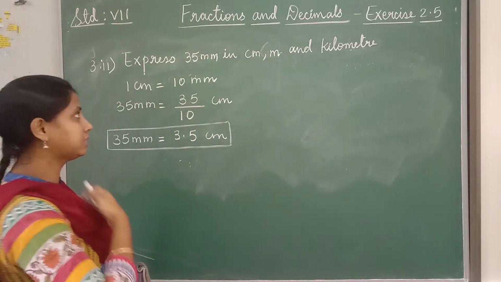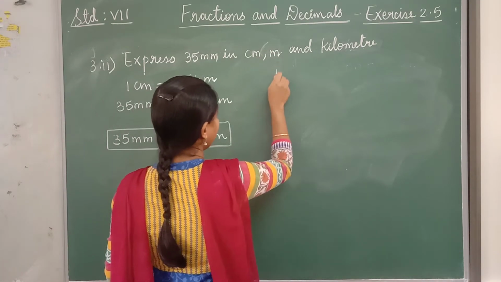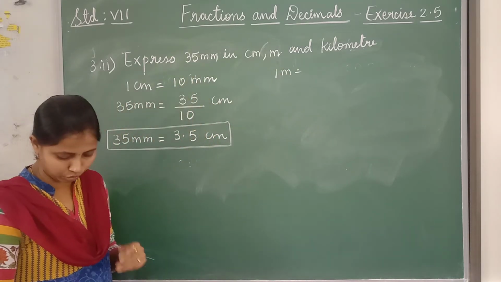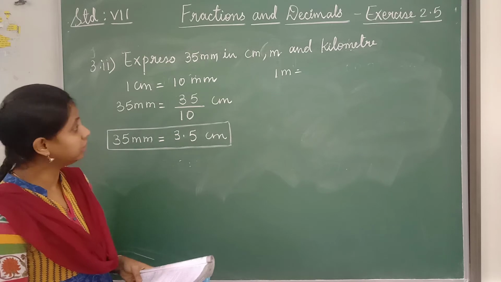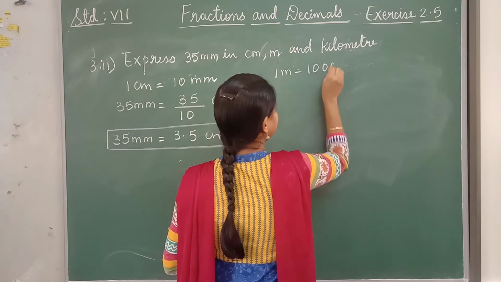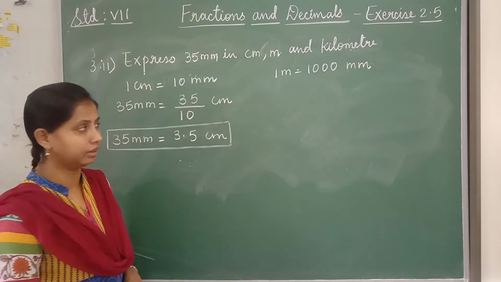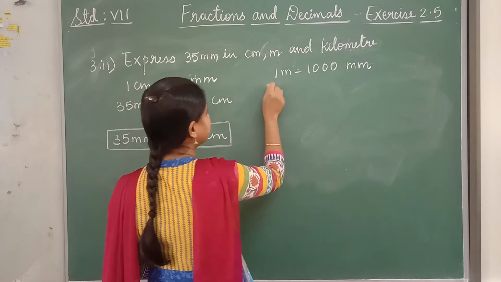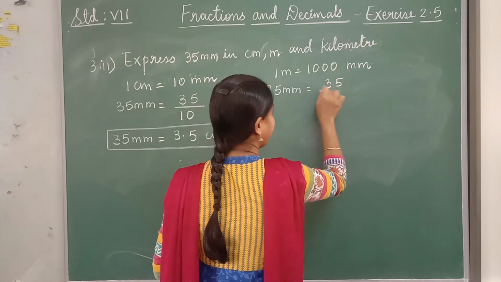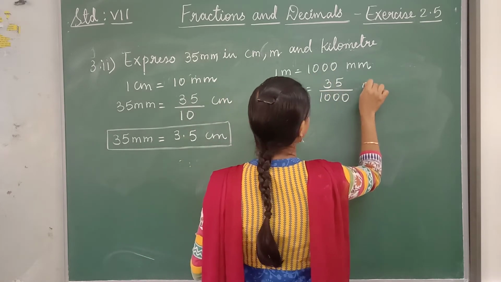Now next you have to convert it into meters. So you must know the conversion factor again. 1 meter is equal to how many millimeter, children? 1 meter is equal to 1000 millimeter. So now 35 millimeter will be equal to 35 divided by 1000 meter.